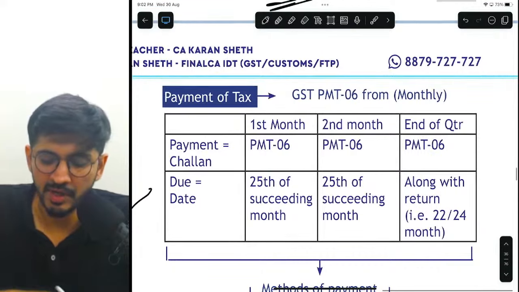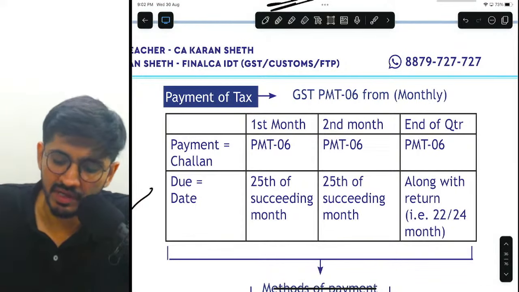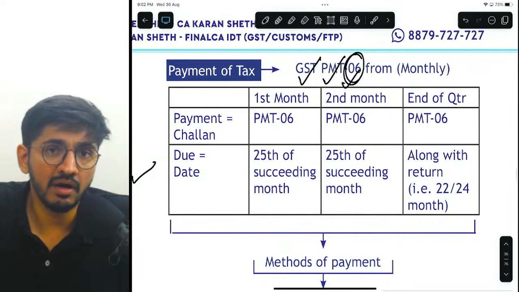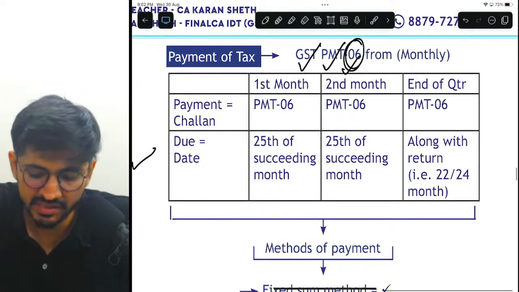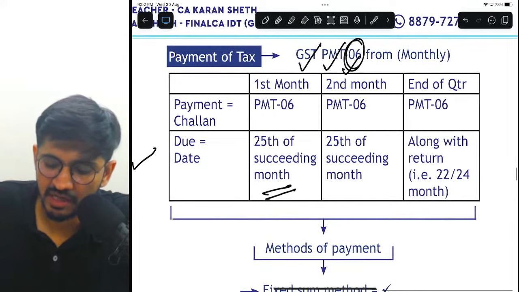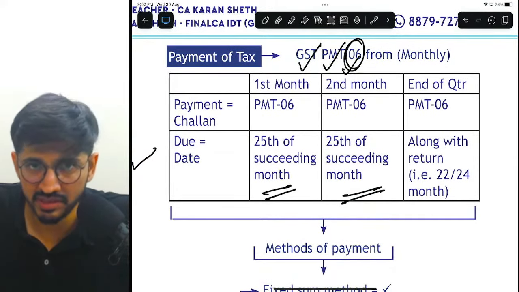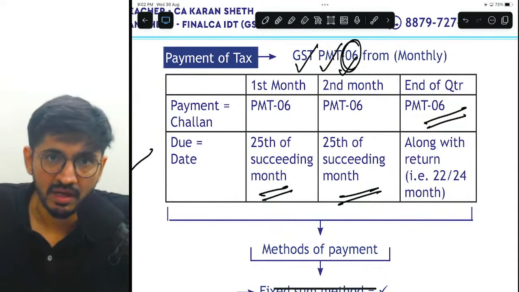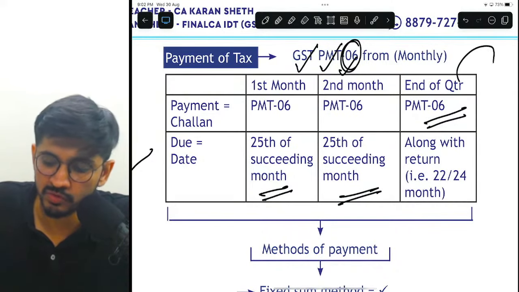Now, payment of tax. Again, the form number here is GST PMT-06. It will be paid on a monthly basis, and the date is 25th of the succeeding month. But understand, for the last month of the quarter, you are going to soon file GSTR-3B.